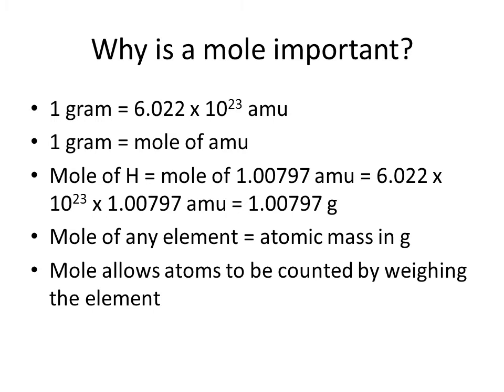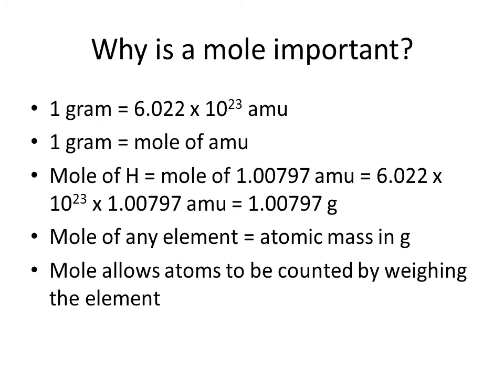If I rearrange this and replace mole with the number 6.022 times 10 to the 23, you will see really that I have 6.022 times 10 to the 23 AMU times 1.00797. That means I have 1.00797 grams.